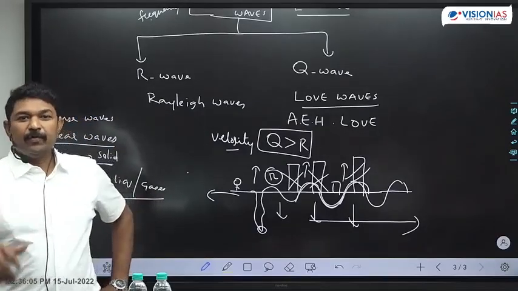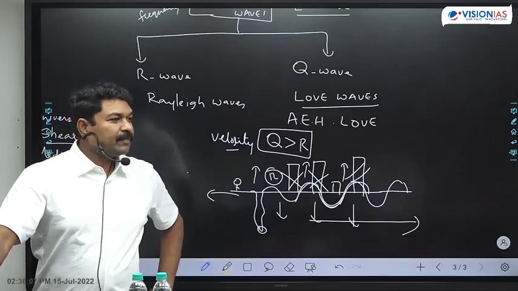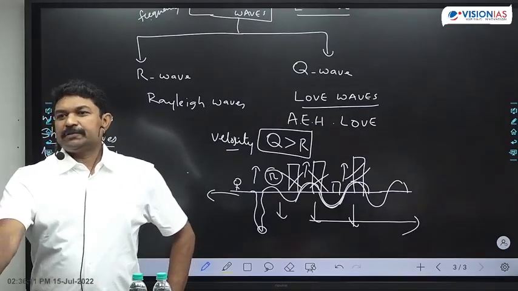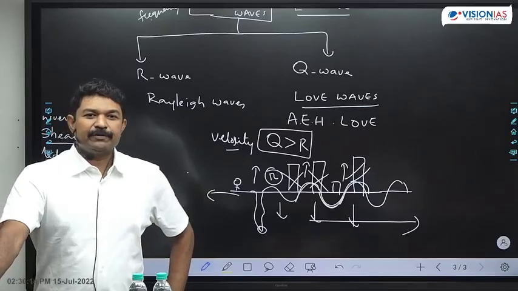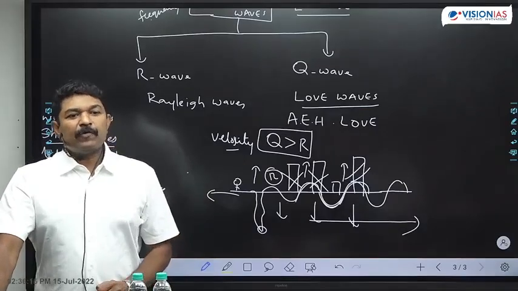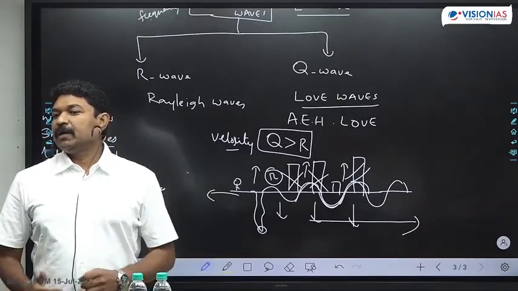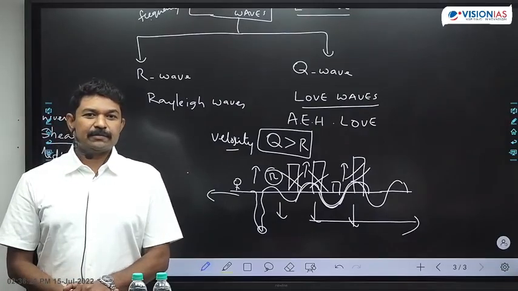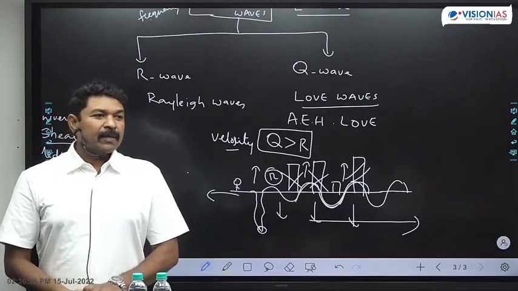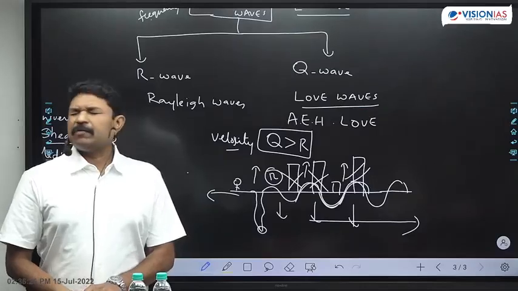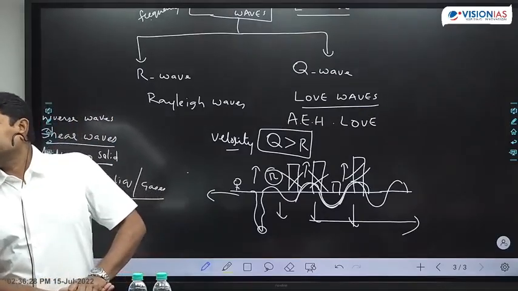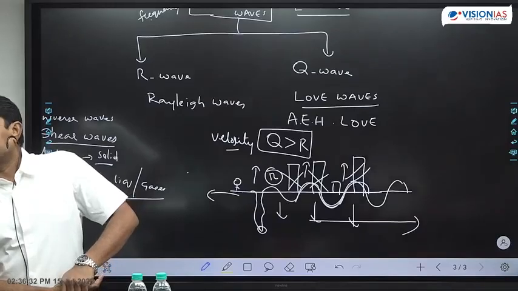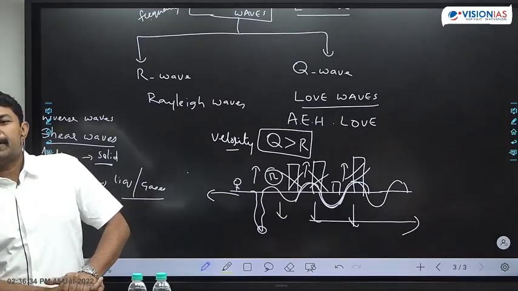Then side heading, Q waves. Out of all the seismic waves, Q waves are deadly dangerous. Full stop.